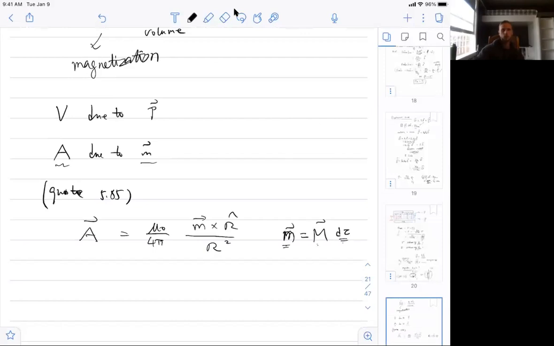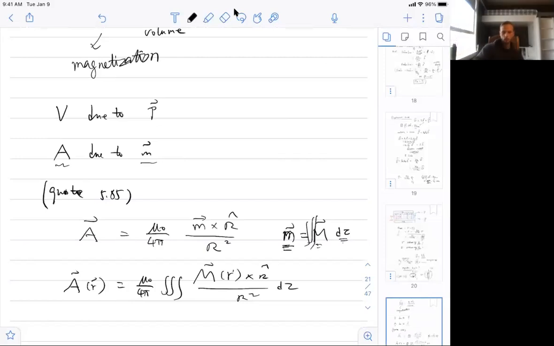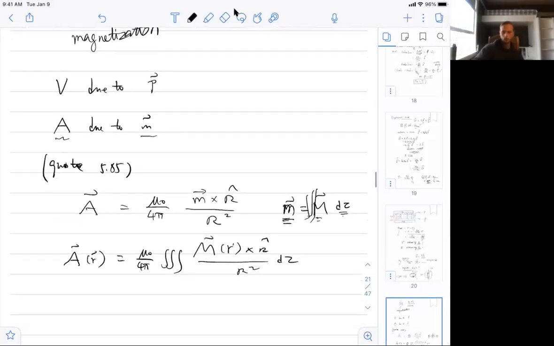To get the A due to the entire object, you need to add up all those little chunks, so you integrate. It becomes the integral of capital M cross r hat over r squared d tau, because if you integrate this, you get the total dipole moment. So this is a total.